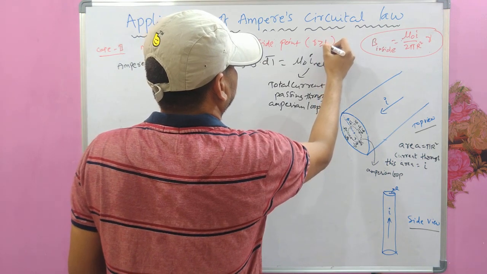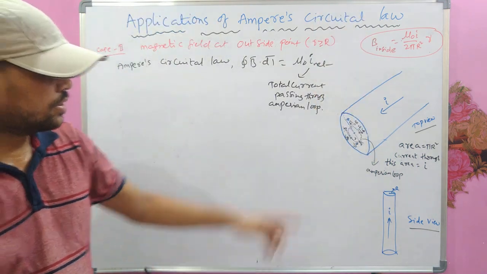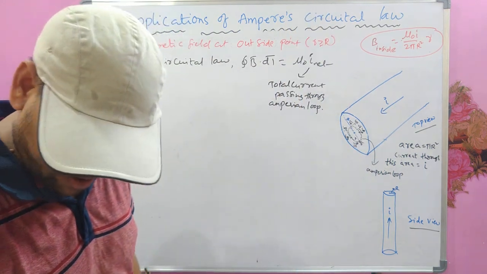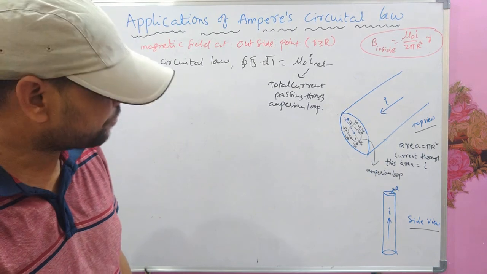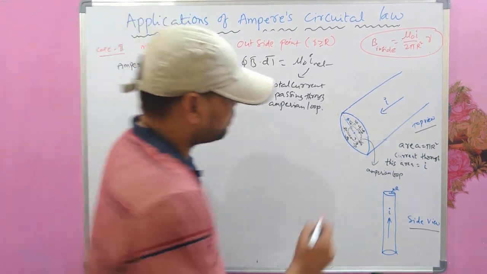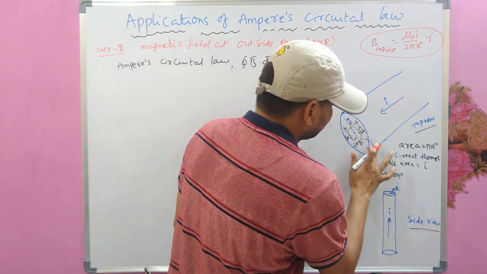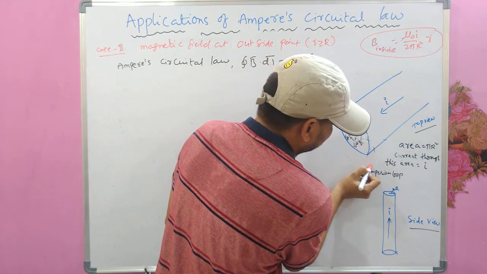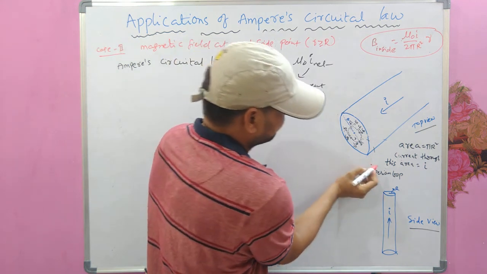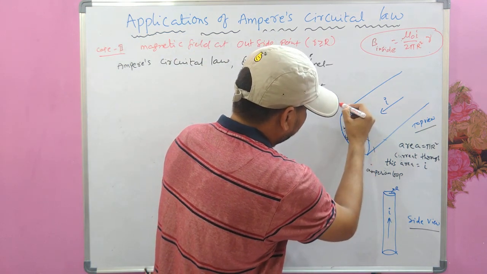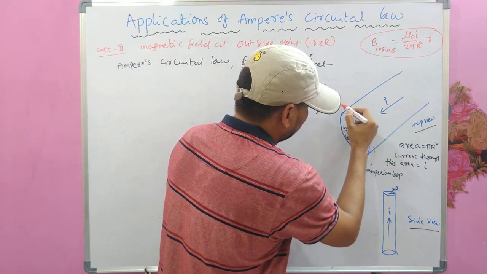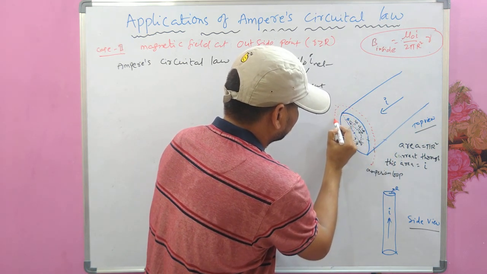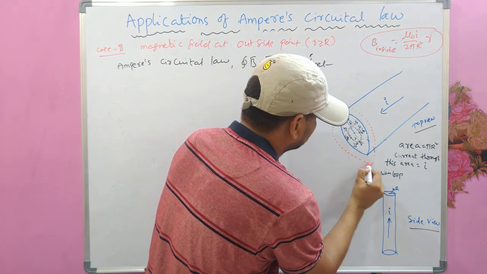r greater than or equal to R. The point can be on the surface or outside. So the point that I am taking is somewhere here, outside. With the help of this, again I can draw an Amperian loop similar to this.